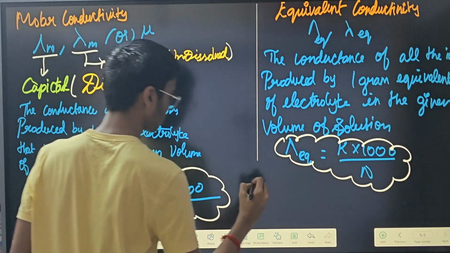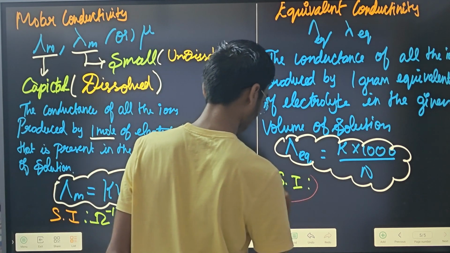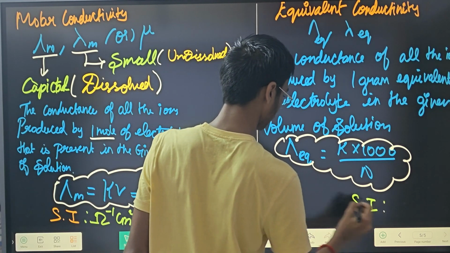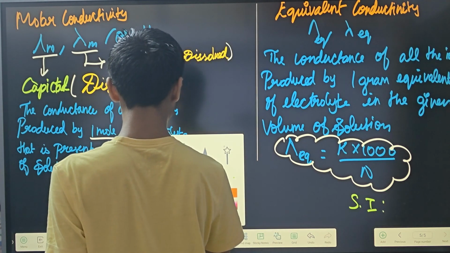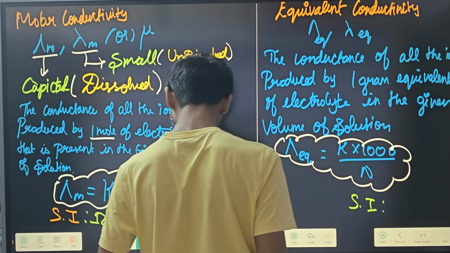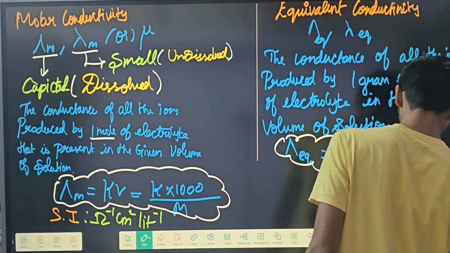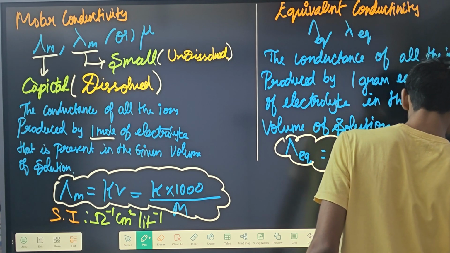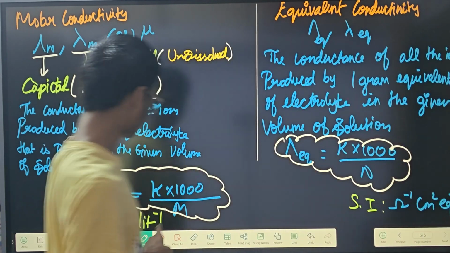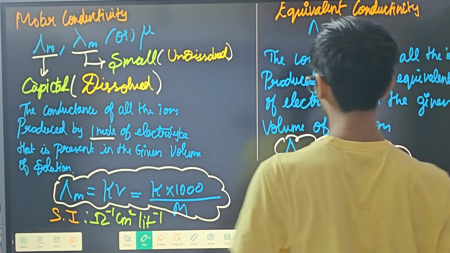What is its unit going to be? Ohm inverse centimeter square EQ inverse. Here it was molarity, so mole; here it is normality, so EQ.